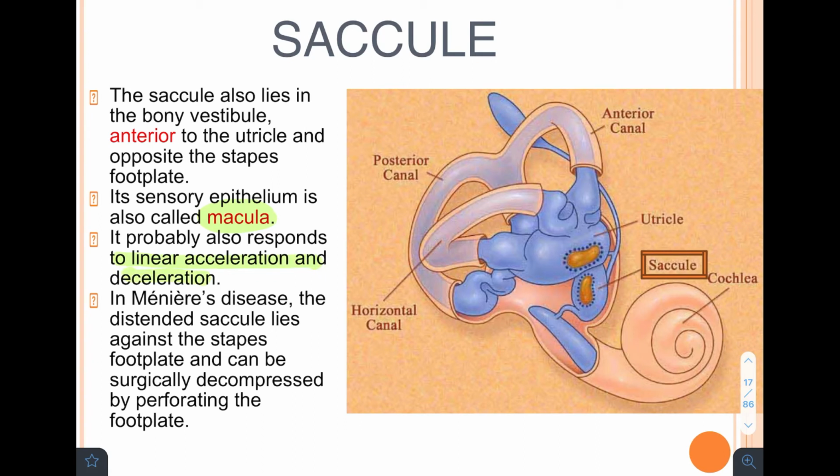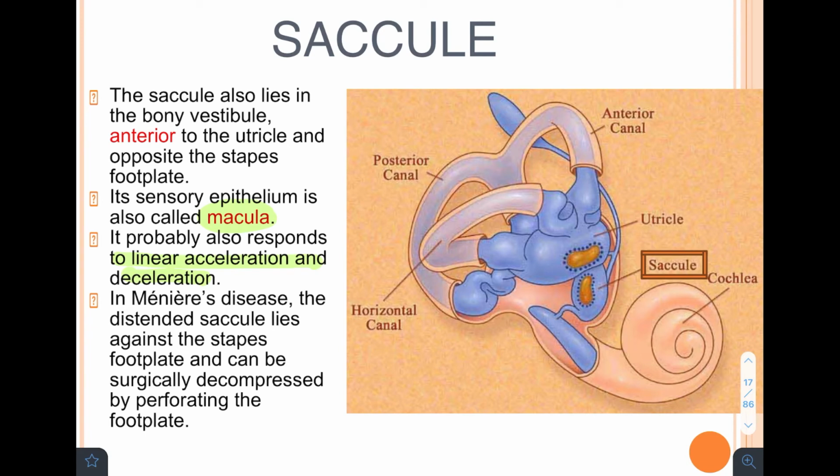In Meniere's disease, a distended saccule lies against the stapes footplate, and it can be surgically decompressed by perforating the footplate. In my earlier video, when I was showing you the ossicular articulations and the stapes footplate, I showed you how the stapes footplate is very closely related to the utricle and saccule.